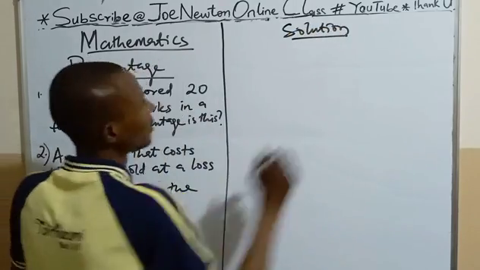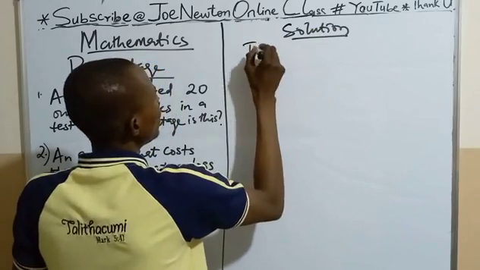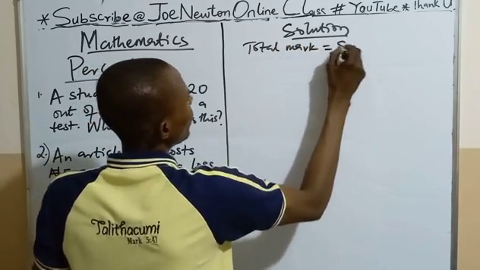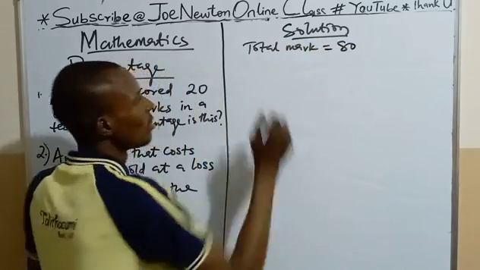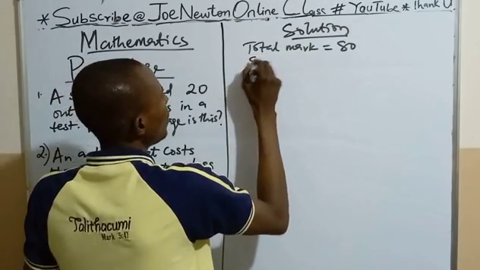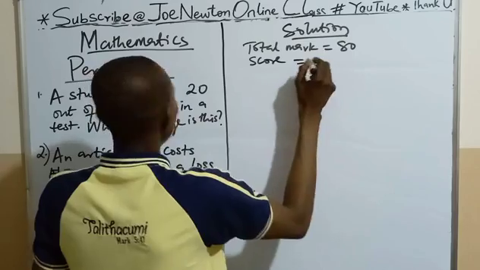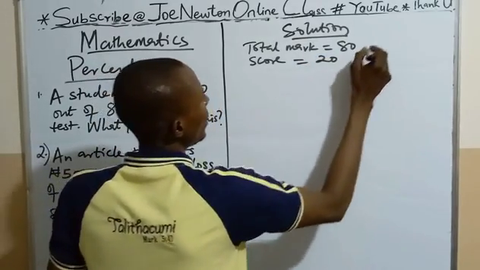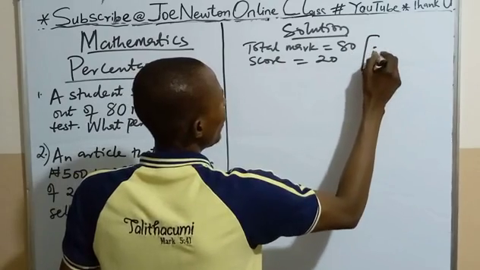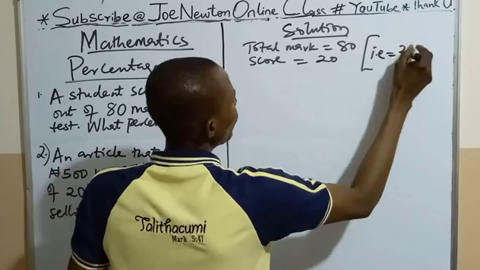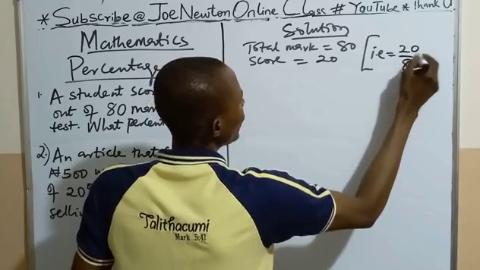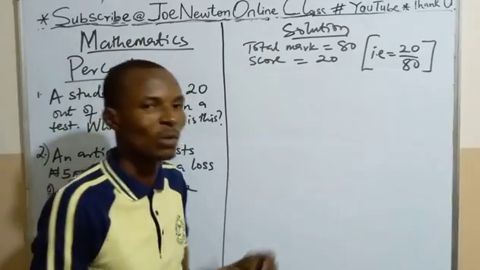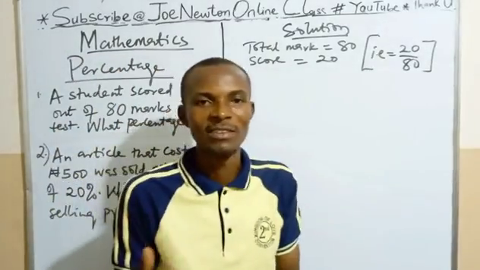Now, the total mark is 80, and the student scored 20. That implies 20 over 80. That is the student's mark. The student scored 20 over 80. Now the question asks us to express this in percentage.